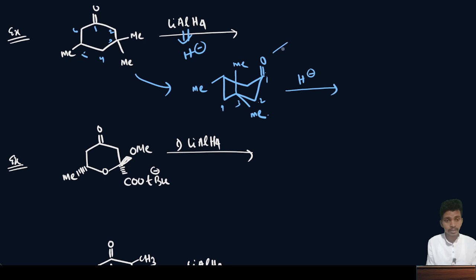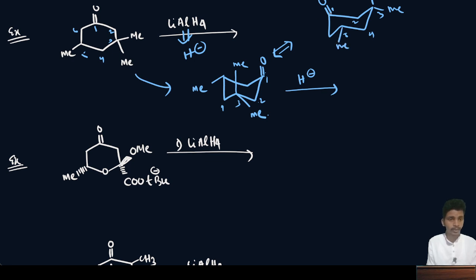If you change this into another form, let's say I am changing this into another form, and I number it 1, 2, 3. At the 3 I have the 2 methyls, and at 3, 4 and 5 I have, let's say, this methyl.